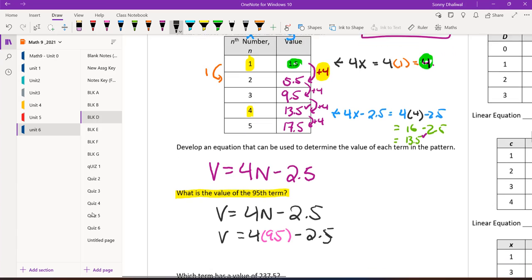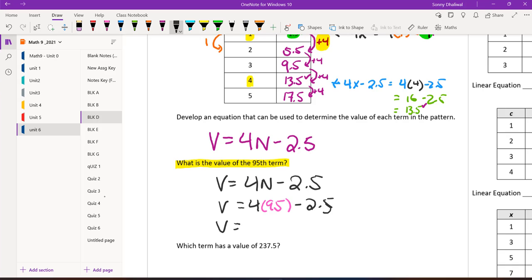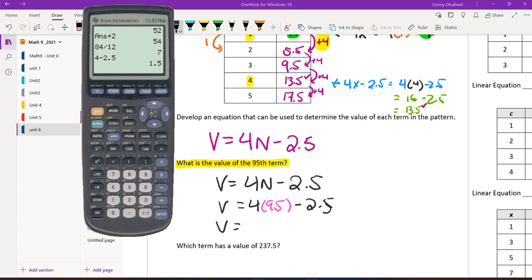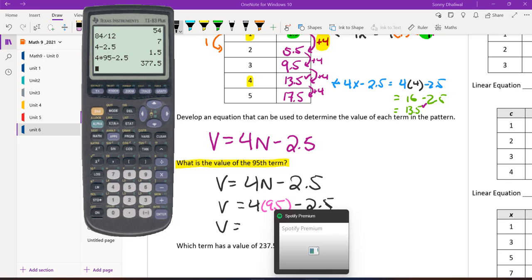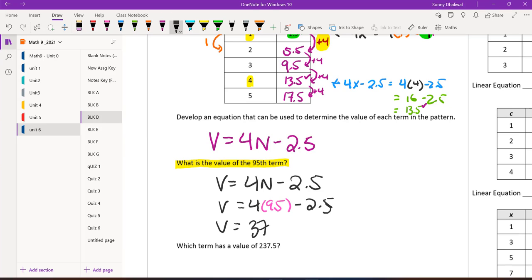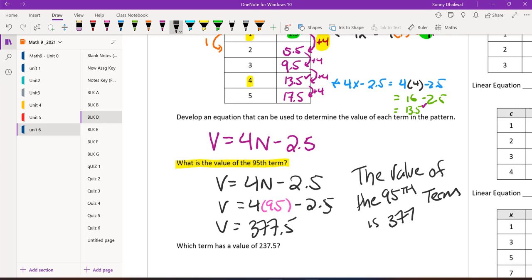Okay? And we calculate. We go 4 times 95, and we subtract 2.5. We get 377.5. So we can say the value of the 95th term is 377.5. Okay?